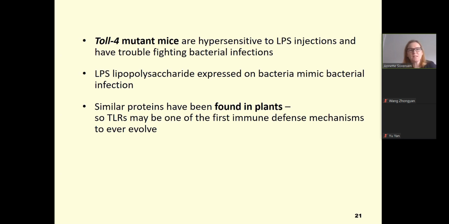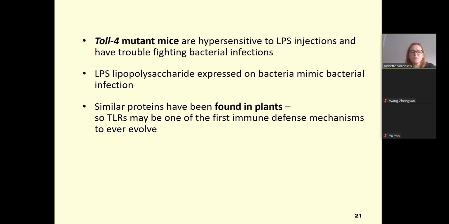They showed that when they injected LPS, or lipopolysaccharide, which is one of the PAMPs expressed on bacteria, which obviously mimics a bacterial infection, these mice that were mutant in the toll-4 receptor were immunosuppressed. So they don't fight off the bacteria.